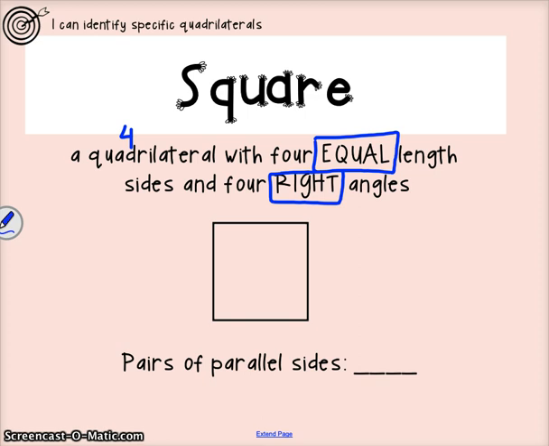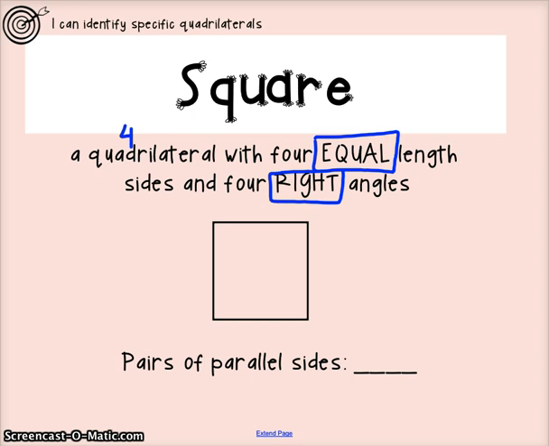No, they just have 4 angles. Not always right angles. Do all quadrilaterals have 4 equal sides? No, they have 4 sides, but they don't have to be equal. So what's unique about a square is that it has 4 equal length sides and 4 right angles.